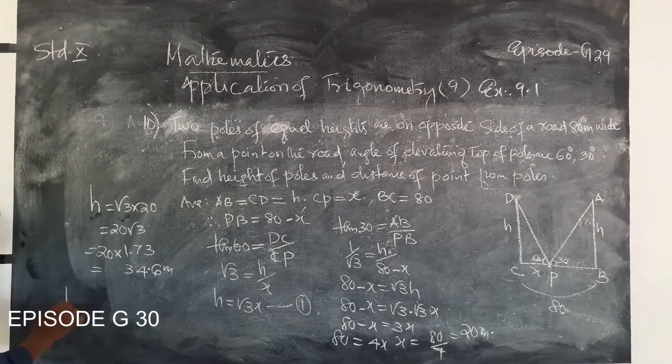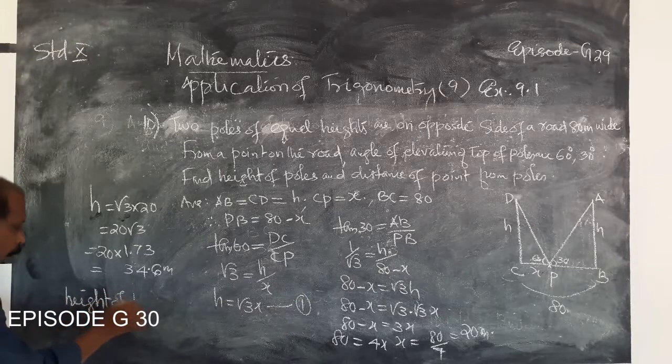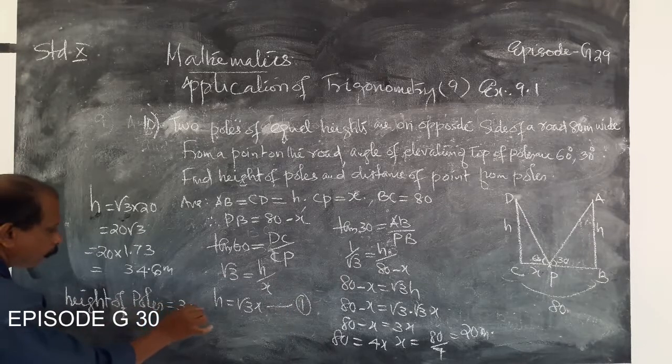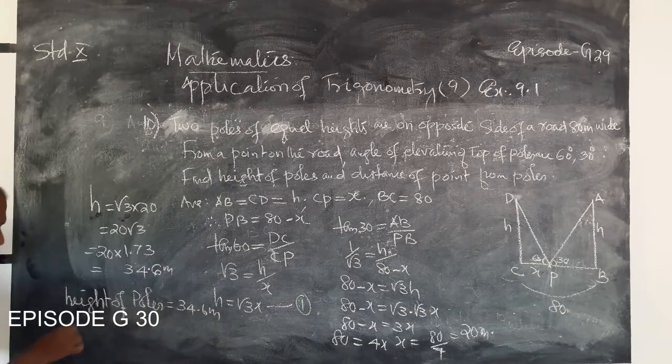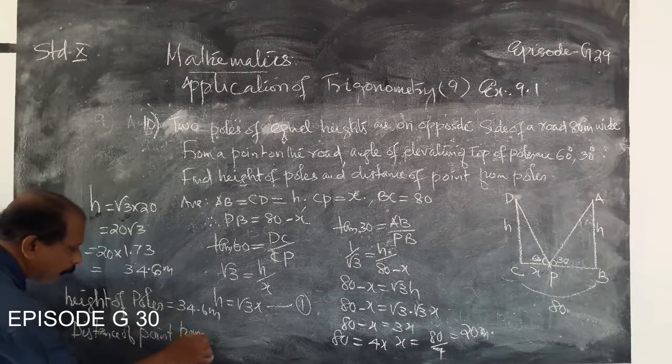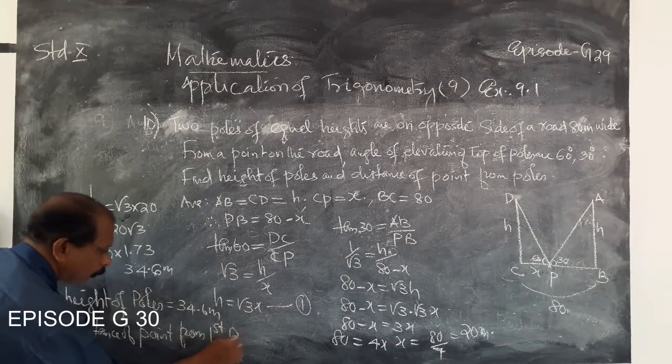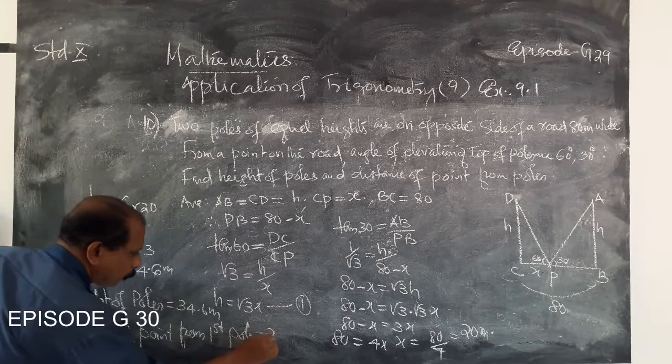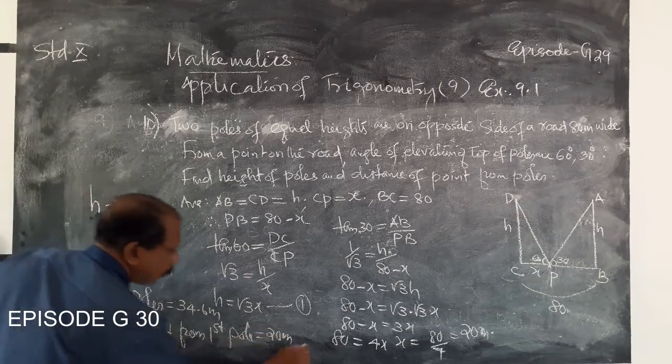Therefore, the final answer: the height of the poles is 34.6 meter. The distance of the point from the first pole is 20 meter.